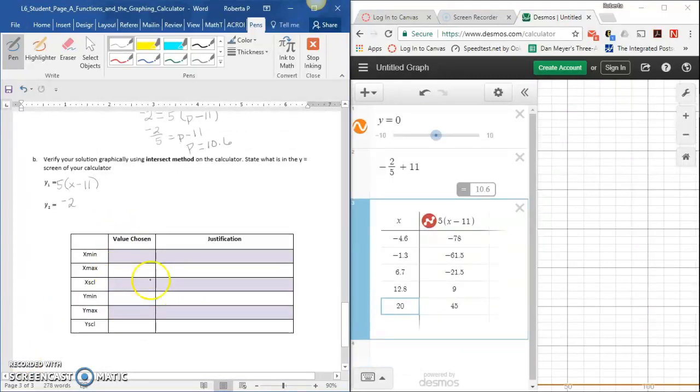This last piece again is your window, and if we look at our table, we have -78, so maybe we want to go from -4.6, so maybe -5, to 20, so maybe 25, maybe count by 5s, and then maybe -100 to 50, count by 25s, and then just a justification of why you are picking these numbers.